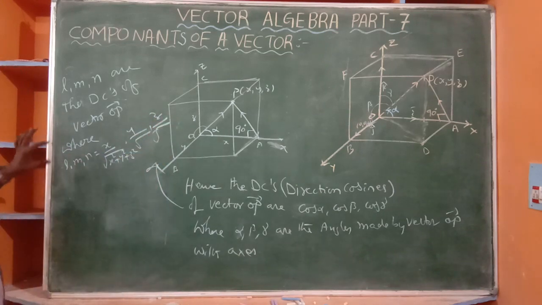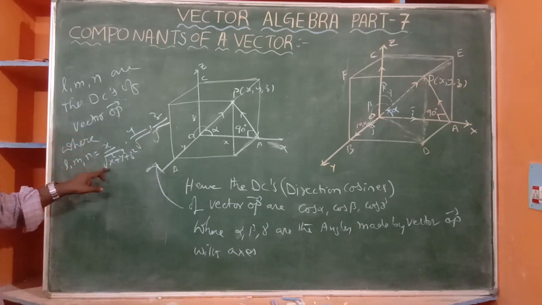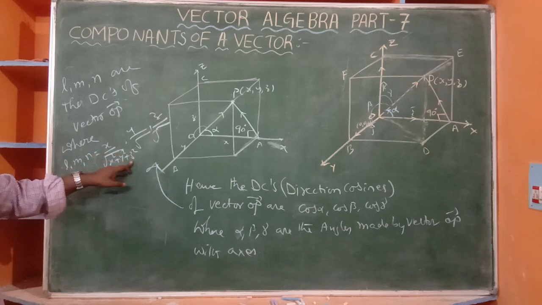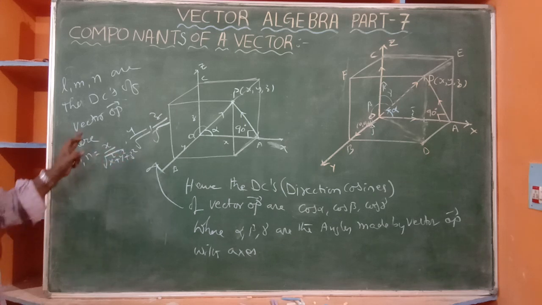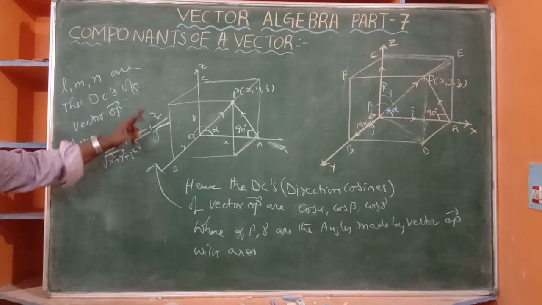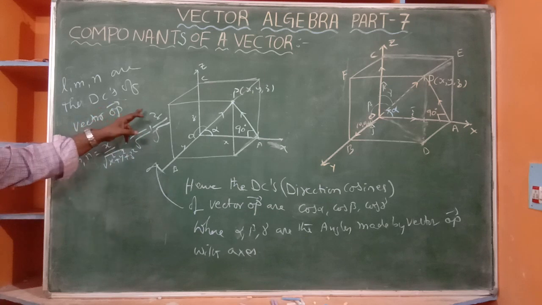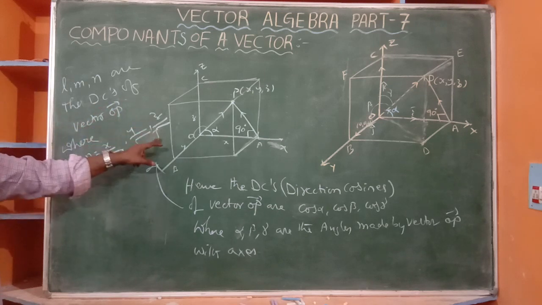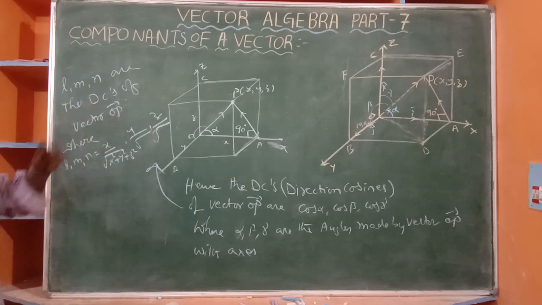Why? Because l means cos alpha, which is x by root of x square plus y square plus z square. M means cos beta, which we already discussed, y by the root. And n means cos gamma, z by the same root.